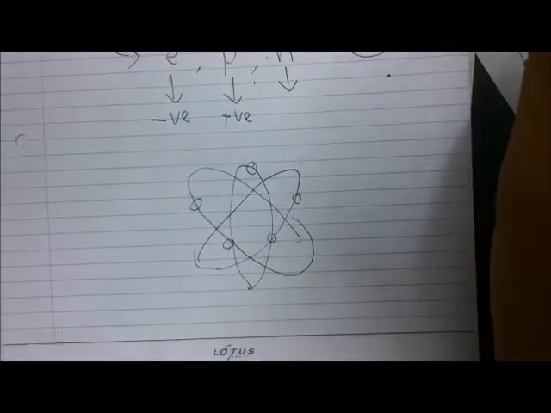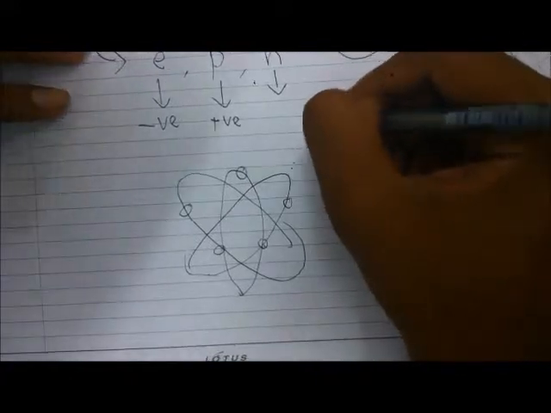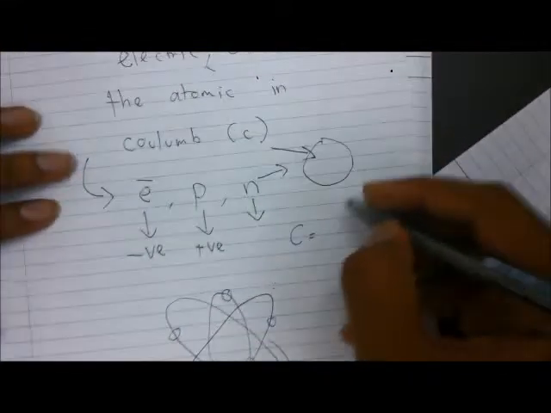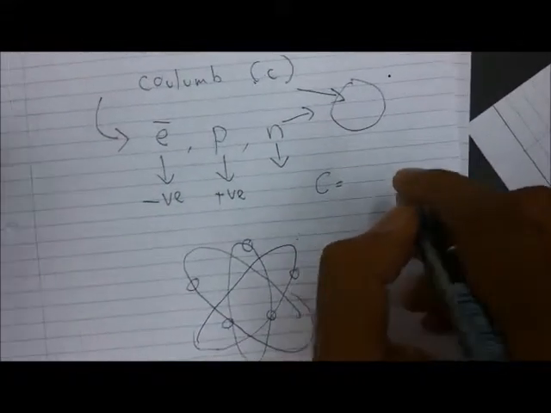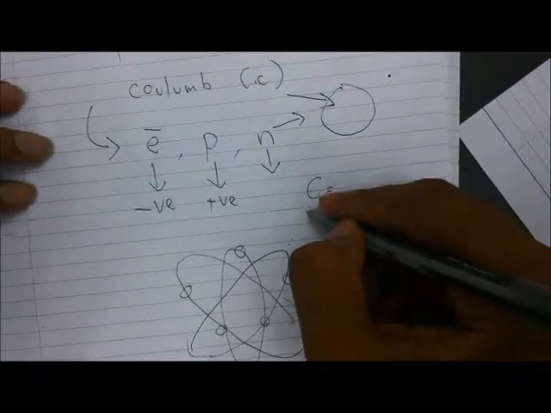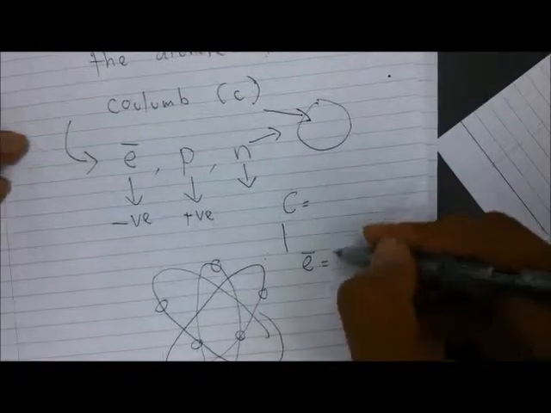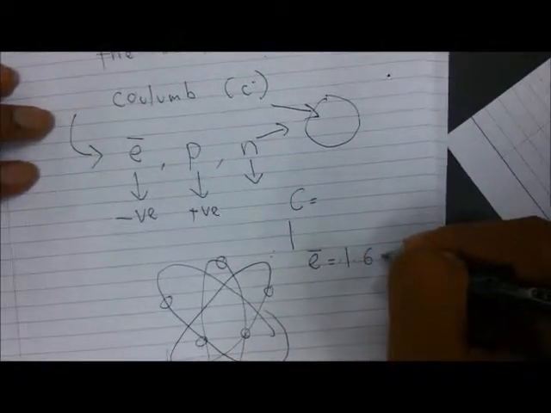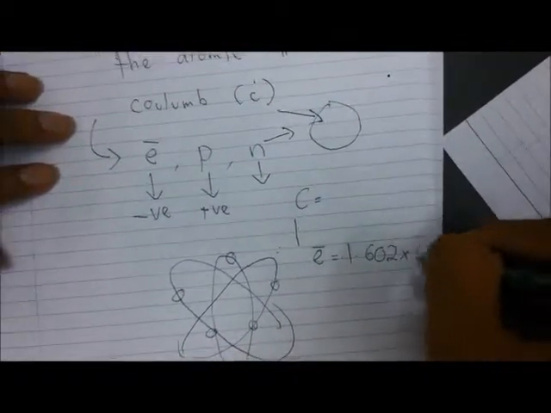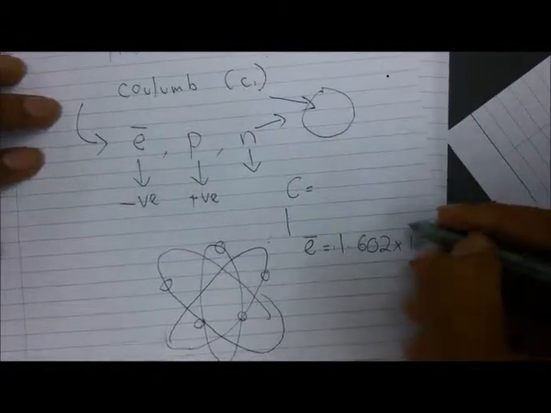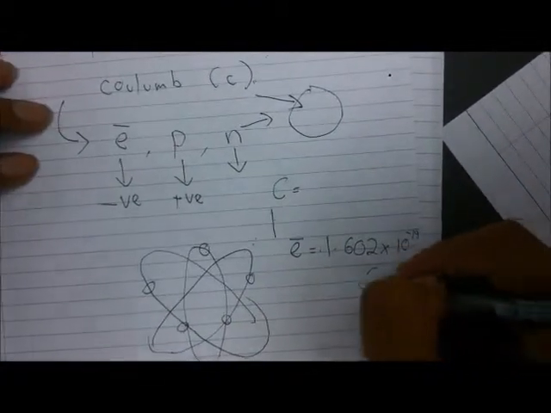For the constant for charge, let me tell you about the value of the electron charge first, which is 1.602 times 10 to the power of negative 19 coulomb.